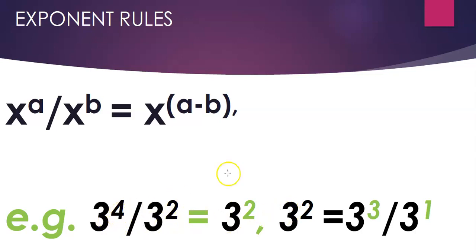So it's nothing but 3 written 4 times, 3 times 3 times 3 times 3 divided by 3 times 3, and so the answer is 3 square. Again, 3 square can also be written as 3 cubed divided by 3, right? So that's where this rule comes in handy.